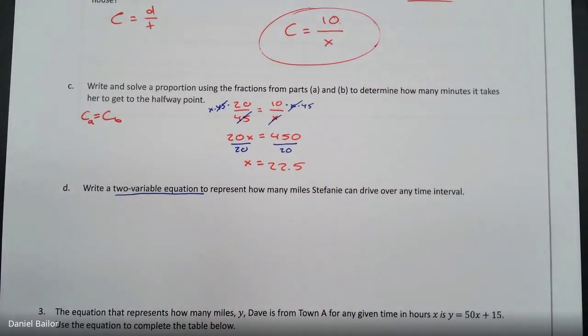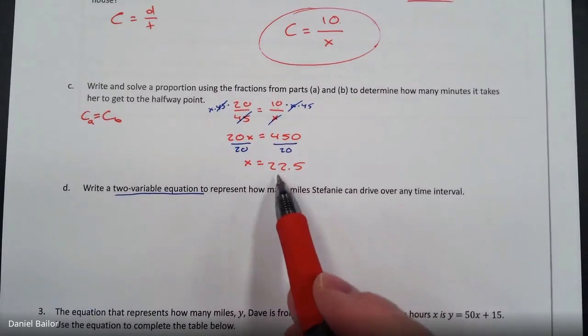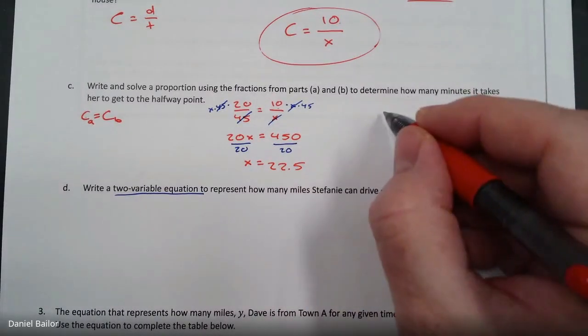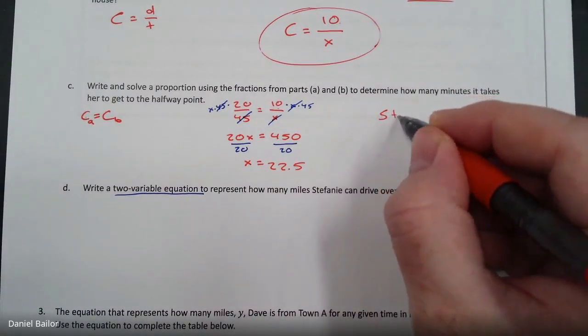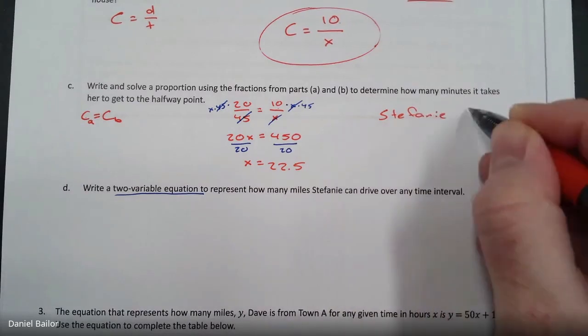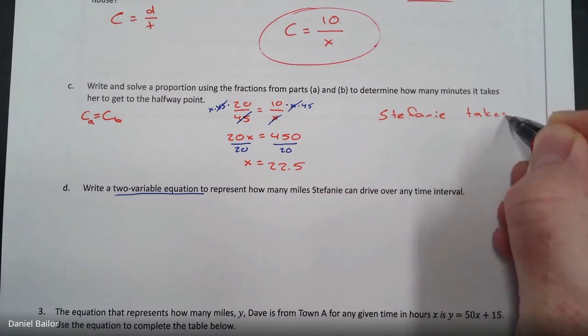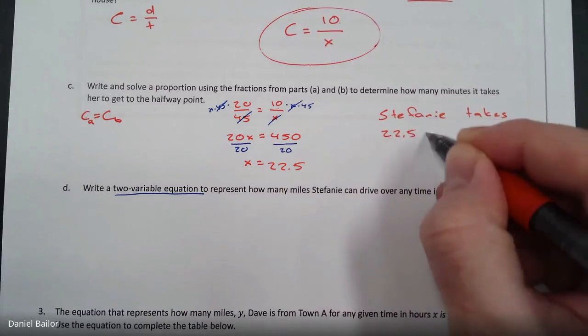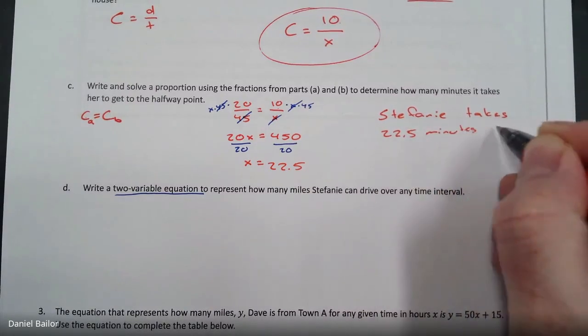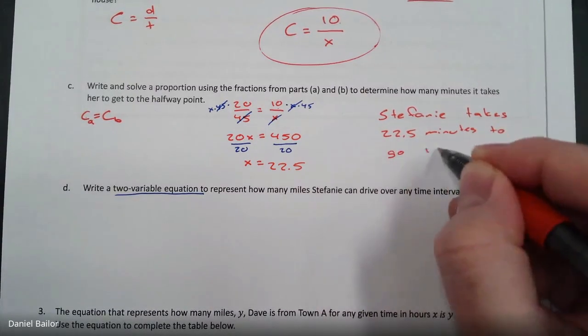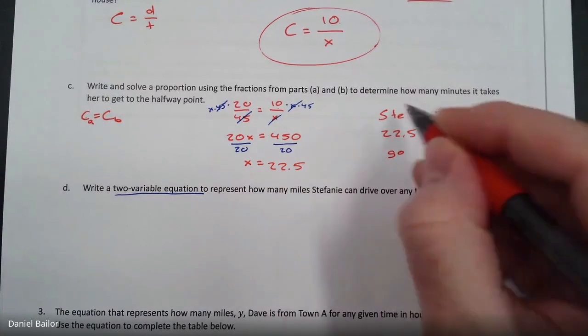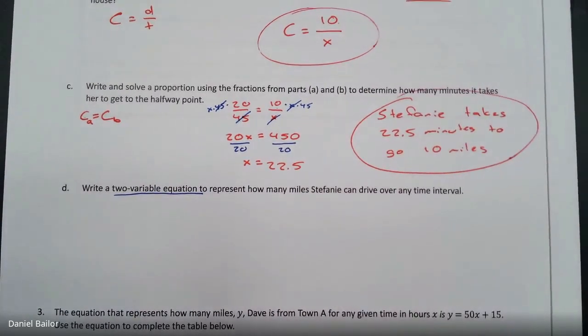So x is 22.5. So Stephanie takes 22.5 minutes to go 10 miles. That's my answer.